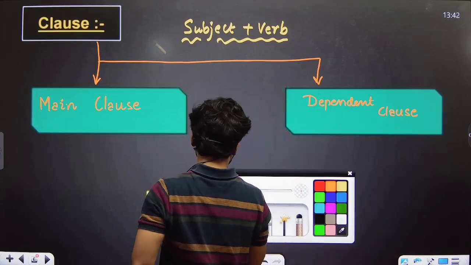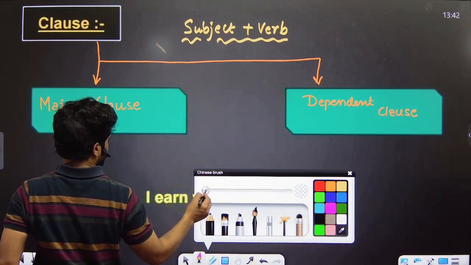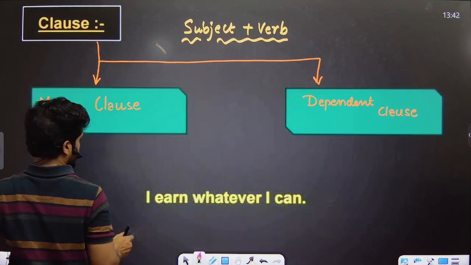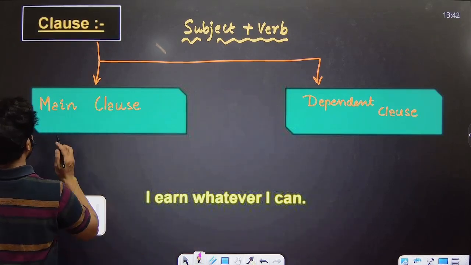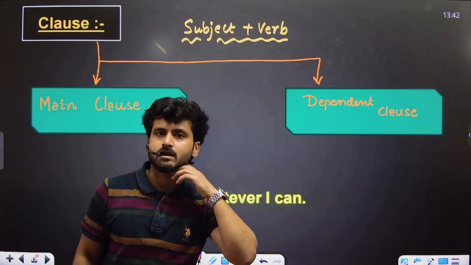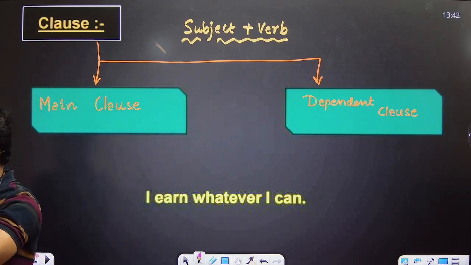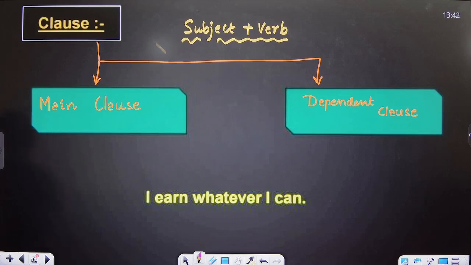The main clause, we call it the independent clause, and the dependent clause we call the subordinating clause. Got it? I earn whatever I can. Here you need to tell me what is the main clause and what is the subordinating clause.